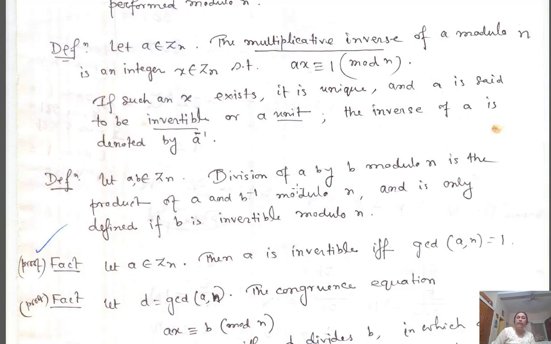So when you write a divided by b modulo n, we mean a·b^-1 modulo n.